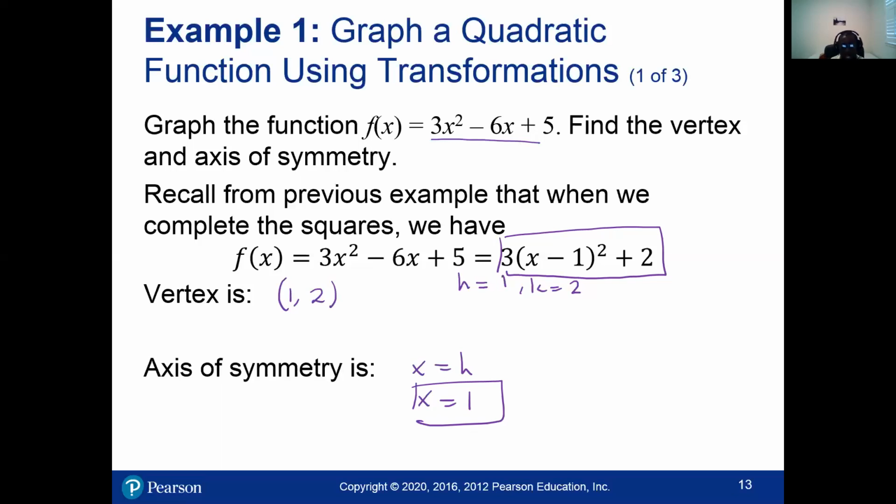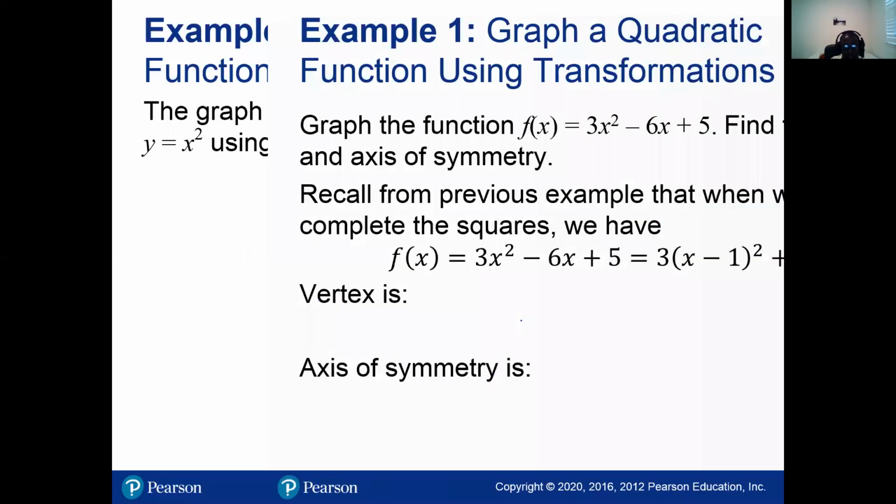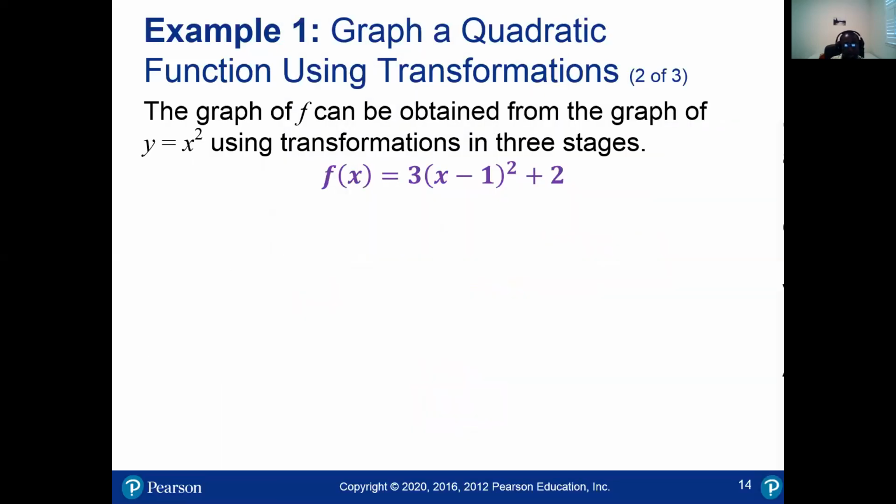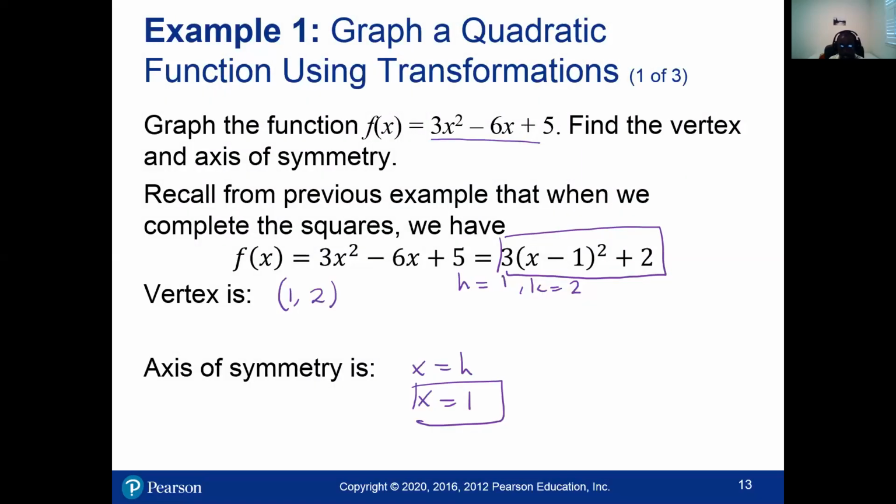Or you can use a formula. I can use a formula to get that. If I want to use a formula, remember my vertex has coordinates h and then k.